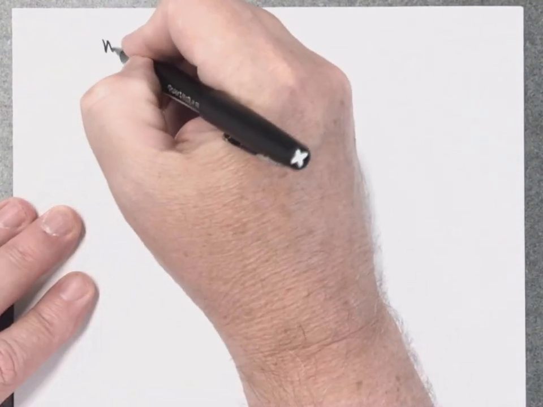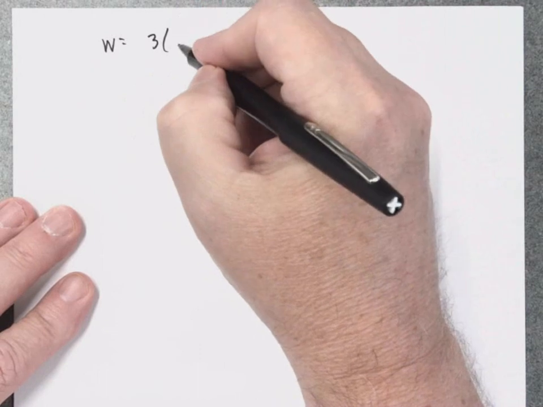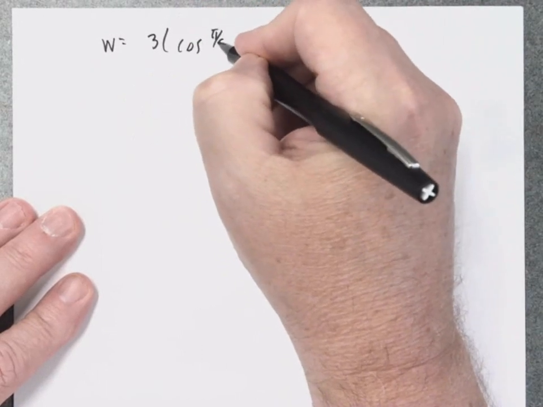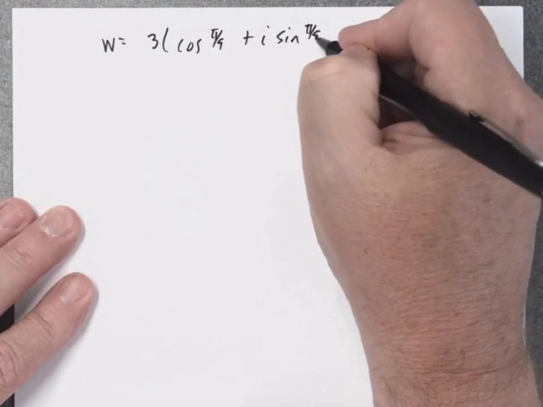Now the next two problems are going to be easier. You know why? Because this next one, they give us the problem where the complex numbers are already in polar form. So 3 cosine of pi over 9 plus i sine of pi over 9.